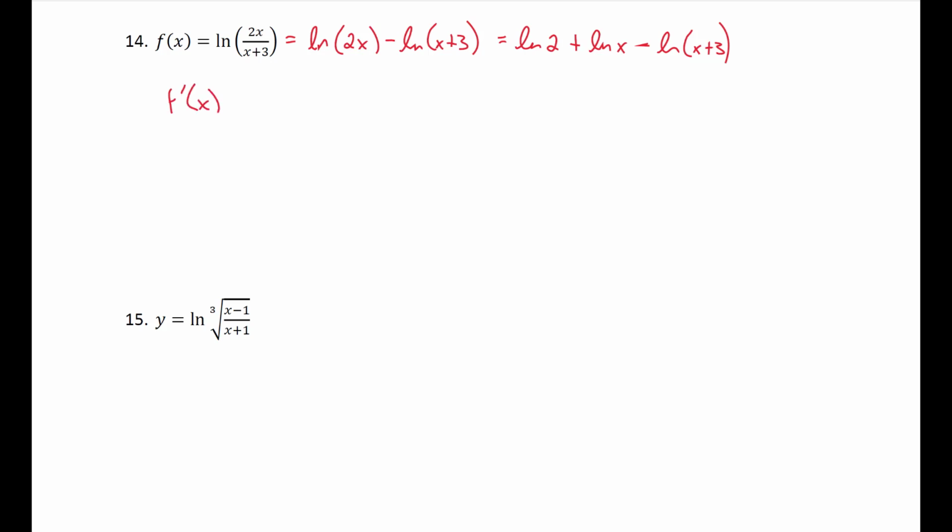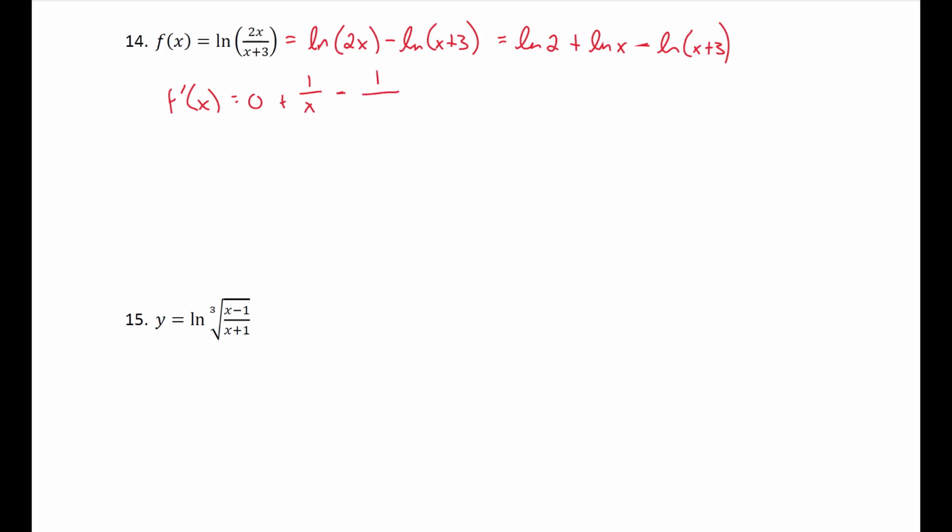So f prime of x now, we can do it term-wise. The derivative of f of x is equal to the derivative of each of these pieces. So the derivative of natural log 2, well remember, natural log of a number is a number, so that's just a constant. So the derivative of natural log 2 is 0. The derivative of natural log x is just 1 over x, minus the derivative of natural log of x plus 3.